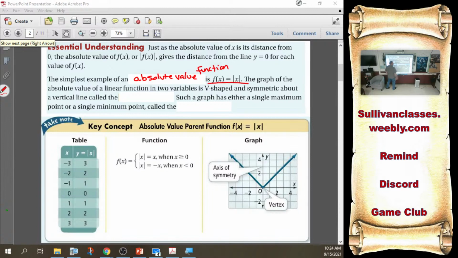The simplest form of an absolute value function is, lock it in, f of x is just absolute value of x. That's it. Just like I talked about the parent functions in yesterday's video, the parent functions are the simplest it can get. Y equals x squared, y equals square root of x, y equals absolute value of x. That's as simple as it gets. That is the parent function for all absolute value functions.